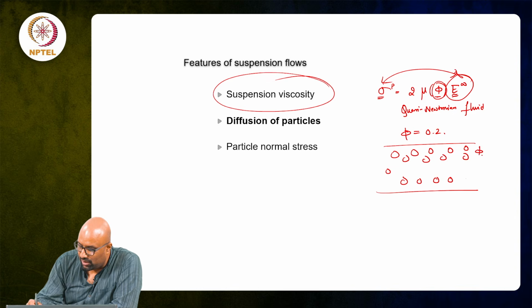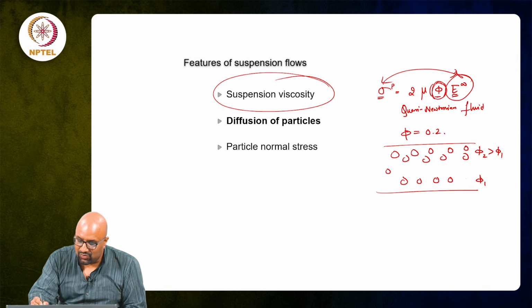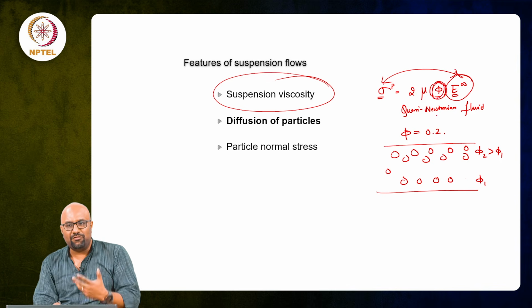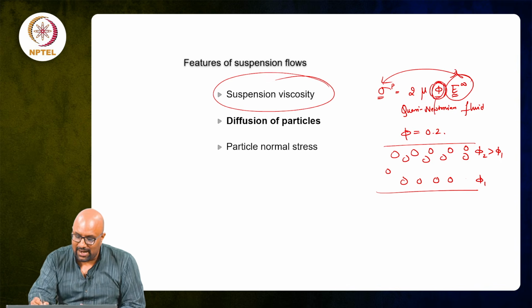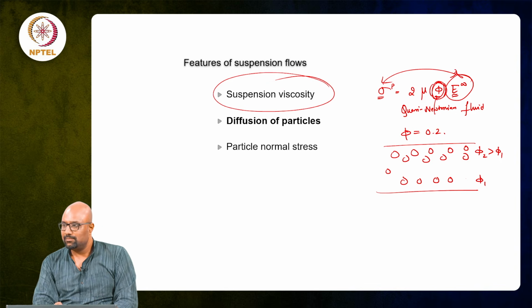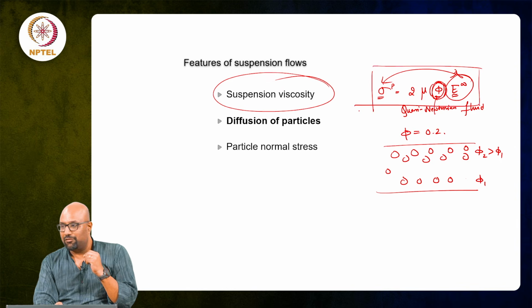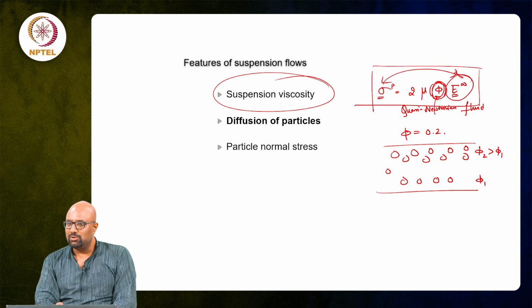So, the local volume fraction can be quite different, and this could be due to the background shearing nature. So, in which sense phi itself is a function of your shearing rate. So, that is why I said it can indirectly depend on the shear rate, in which case it is not truly Newtonian. But otherwise this quasi-Newtonian model is something that is sufficient if you are just trying to describe what is going on with respect to your shear stress.